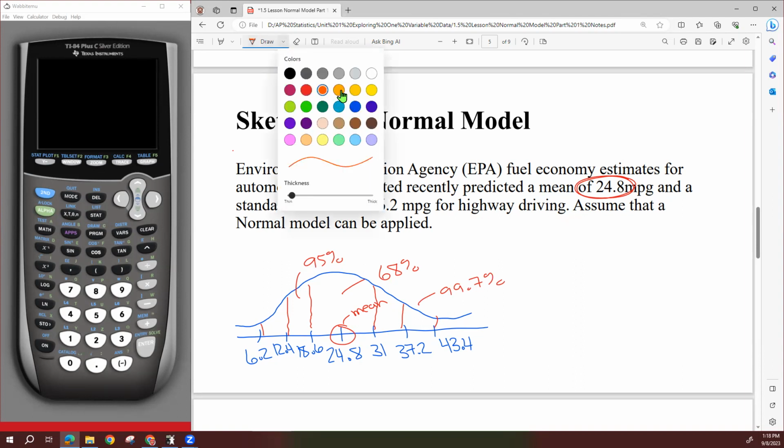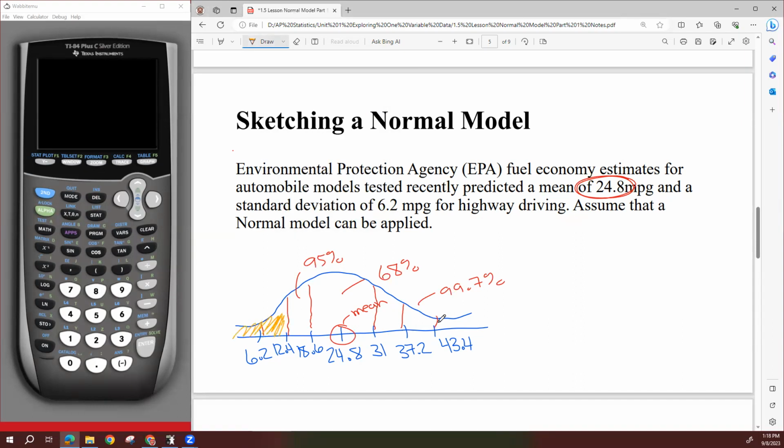And again, just to point out this idea that in this tail and this tail, those represent unusual gas mileages because they are more than 2 standard deviations away from our average gas mileage. They're not impossible gas mileages, but they would be unusual. So a gas mileage of 6.2 miles per gallon on a vehicle would be very unusual, though not impossible.